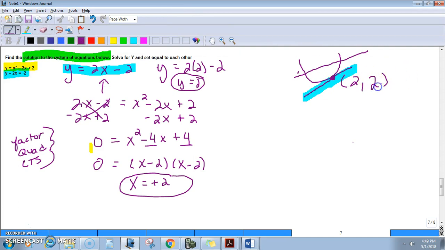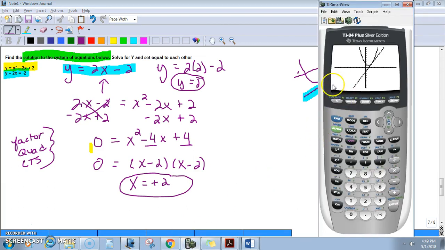But let's double check that with our calculator. What I did is in my y equals, I put in our two equations, x squared minus 2x plus 2 and 2x minus 2. And I knew that my answer was in the first quadrant, so I knew just a zoom 6 would work. And it looks like that's about right, but I can always do second calc, and I want to find their intersection, so I'll go down to 5, enter.